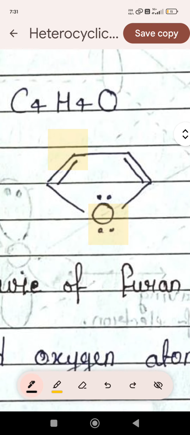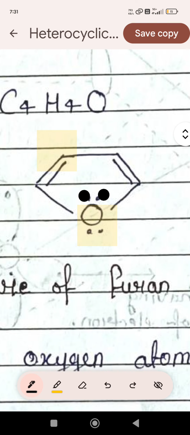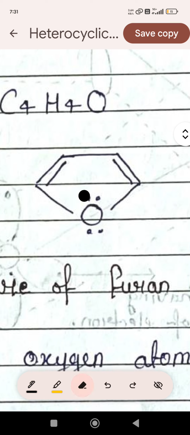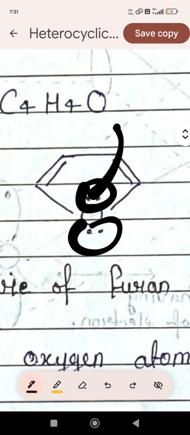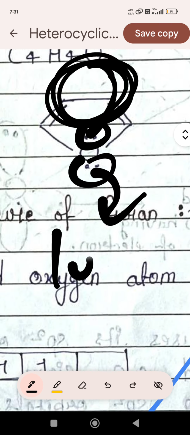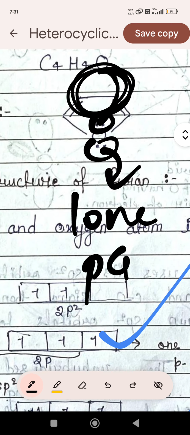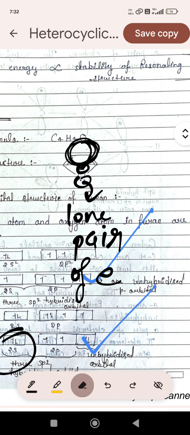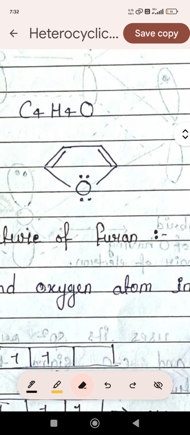So in this structure, this pair of electrons is used in the formation of the aromatic sextet, whereas this remains as a lone pair. So the function of these two pairs of electrons is different: the first is used in the formation of the aromatic sextet, whereas the second is left as a lone pair. That is the difference of the two pairs.